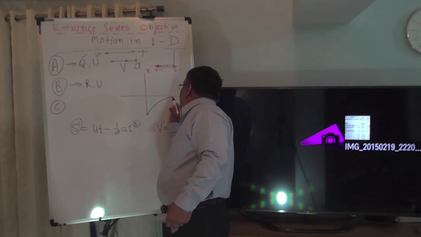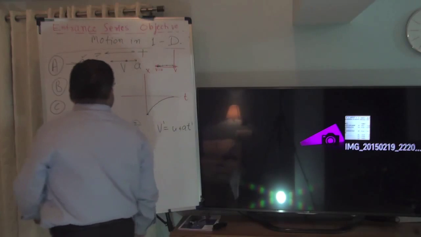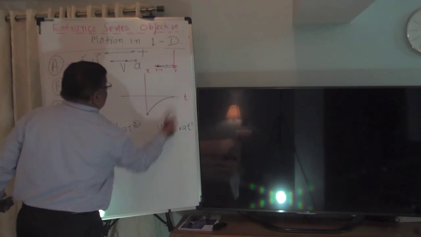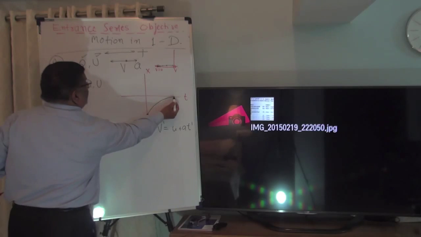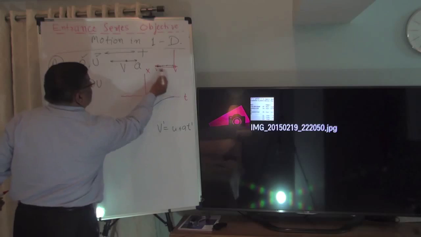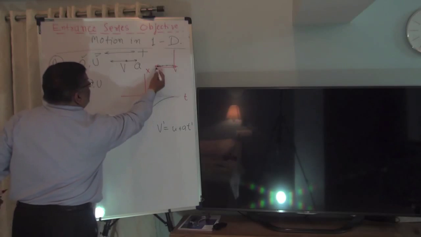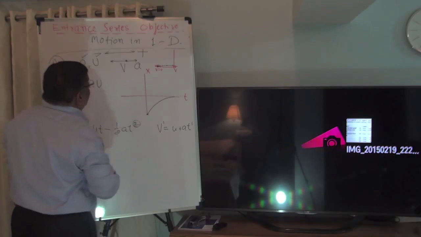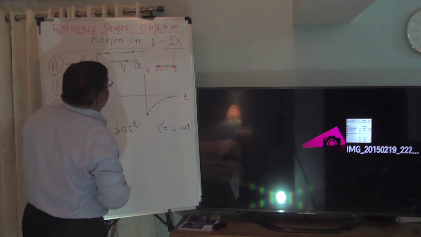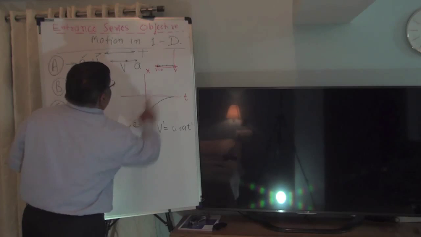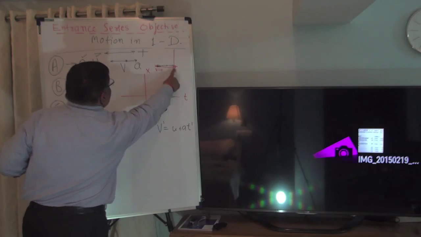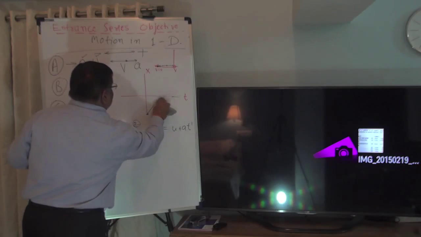So this is our graph. This is part of the parabola, and after some time the displacement will become 0. No, is there anything wrong? No, I have made a mistake.